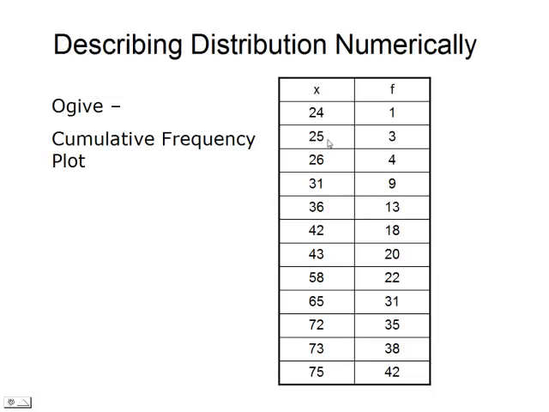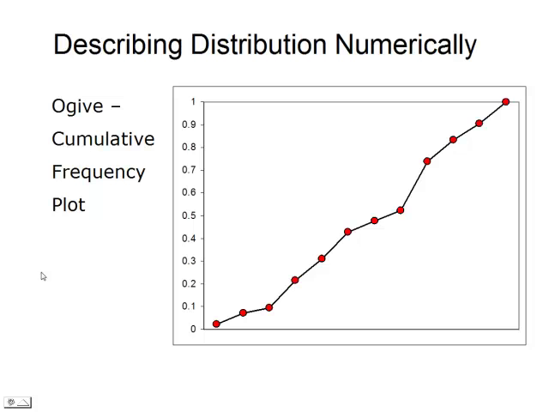This 3 represents that there are 3 numbers that are 25 or less. The 4 represents that there are 4 pieces of data that are 26 or less. If we go down here to the 31, 31 represents there are 31 pieces of data that are 65 or less. What we're going to do is create a line graph.